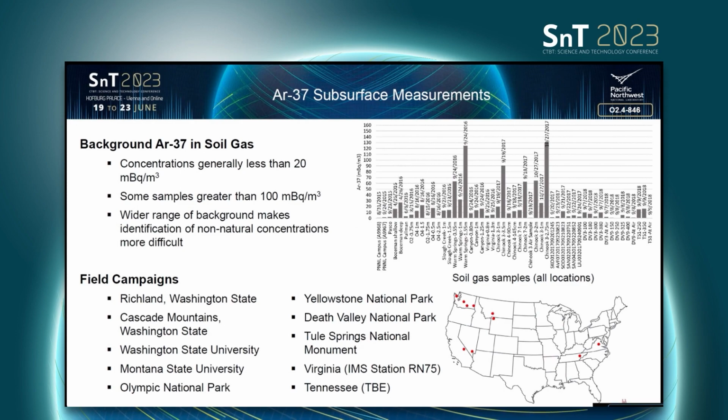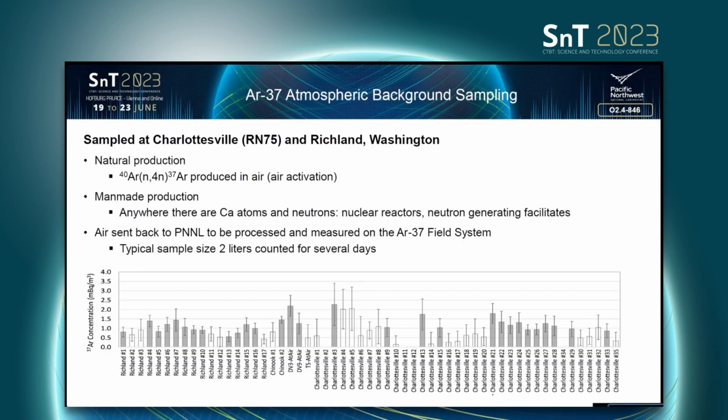But it varies quite a bit, and this is all activation of the calcium in the soil, naturally made. A lot of variations, a lot to understand there, I think still.